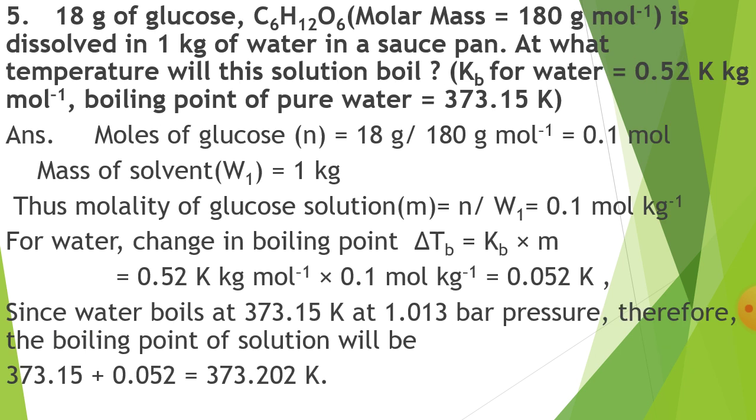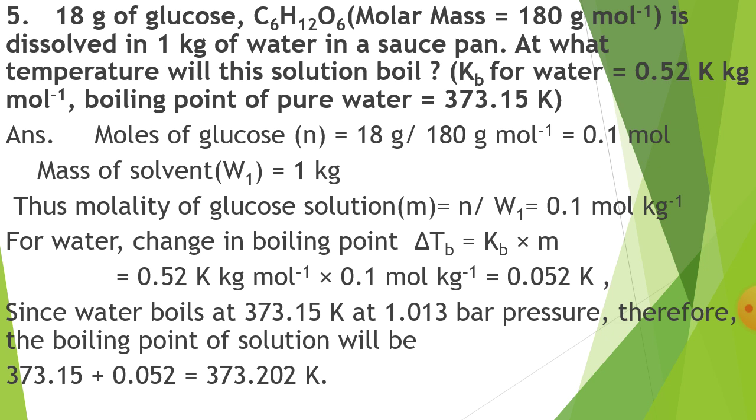Now the last question, question number 5. Again it is also a numerical. 18 gram of glucose, molar mass given, formula is also given. It is dissolved in 1 kg of water in a saucepan, that is just like a plate. At what temperature will this solution boil?